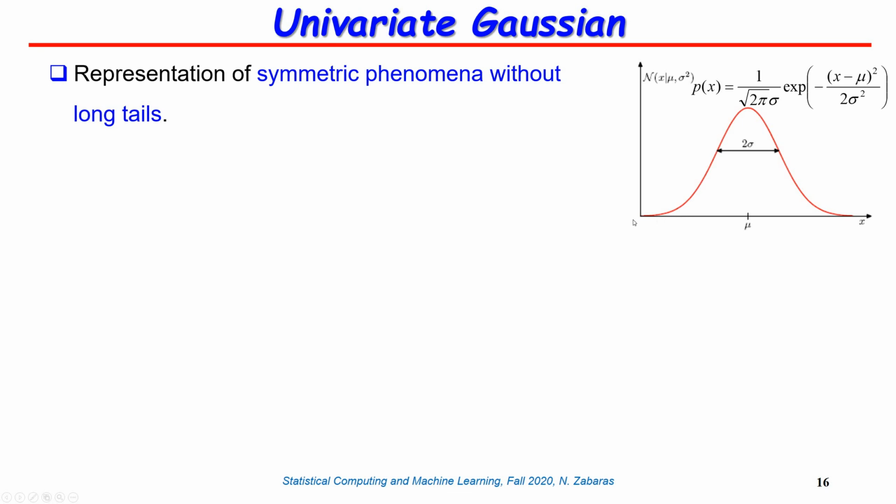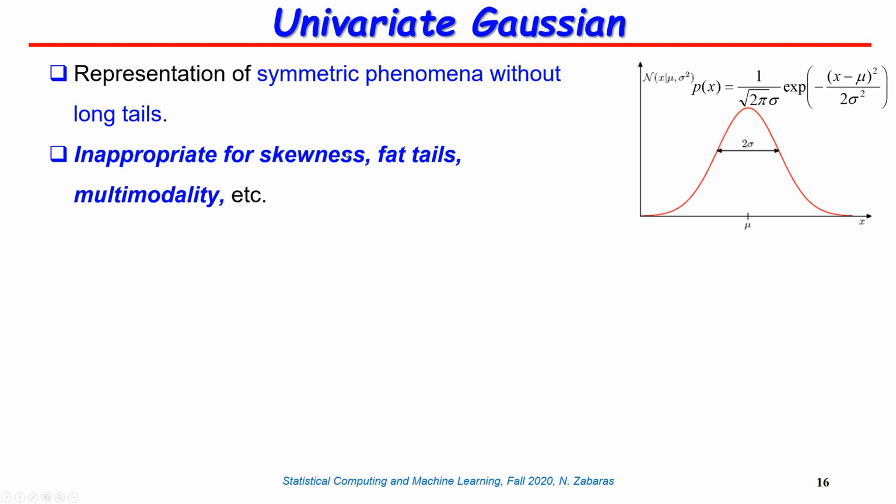And then you notice that the tails of the distribution, the PDF, basically go asymptotically to 0 rather fast, right? So you can see this is e to the minus x squared. So if you have distributions that have fat tails, so if they go very slowly to 0 asymptotically, then those distributions cannot be represented as Gaussian.